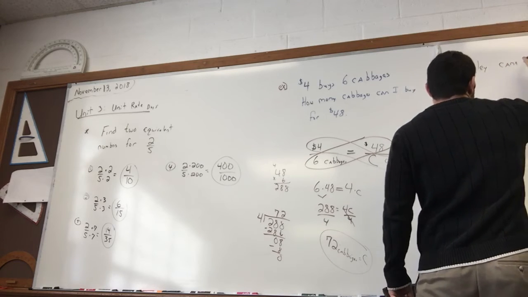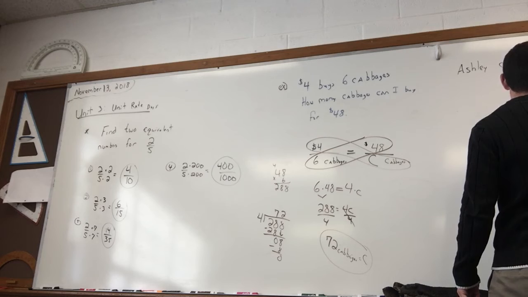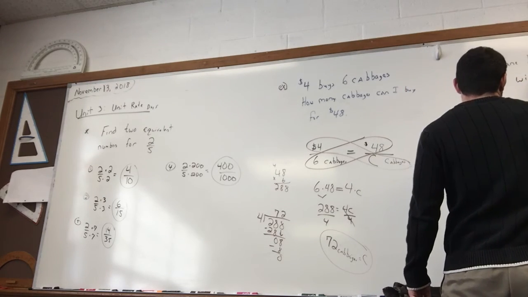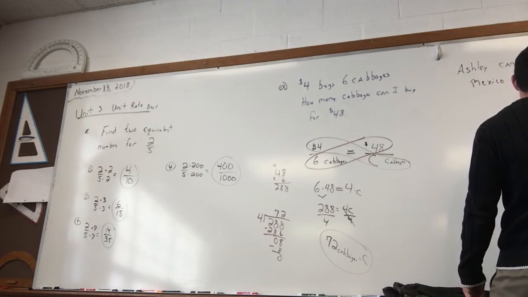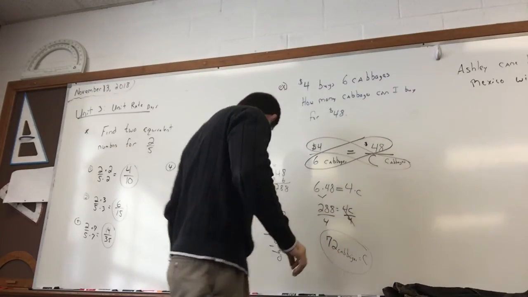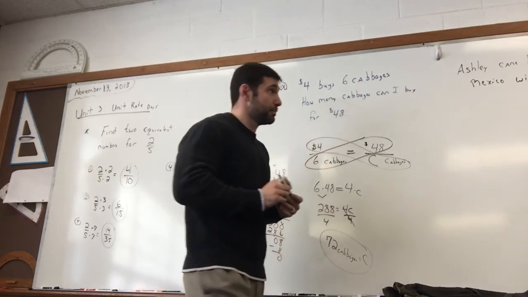Ashley came back from Mexico with 313 pesos. What are those? That's the money. Mexican money. Okay.